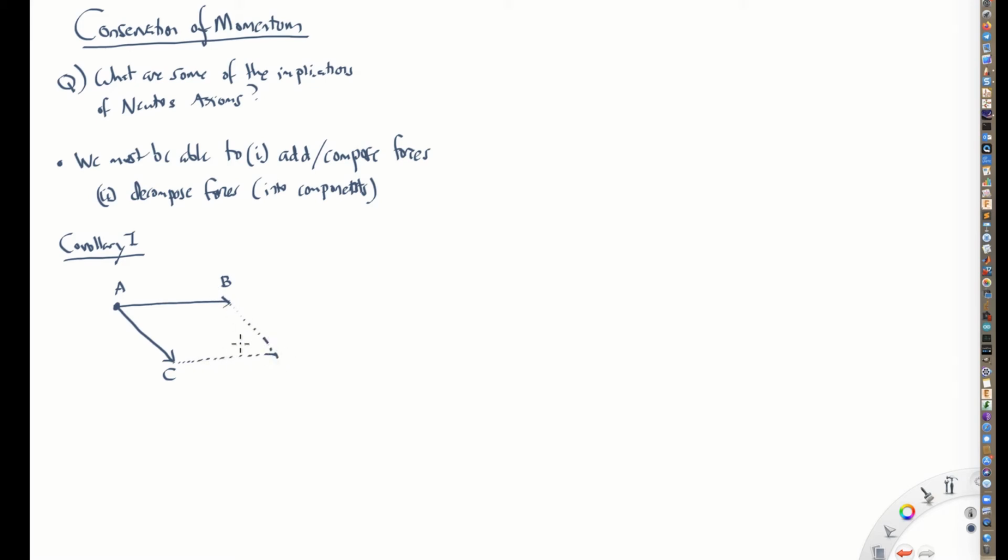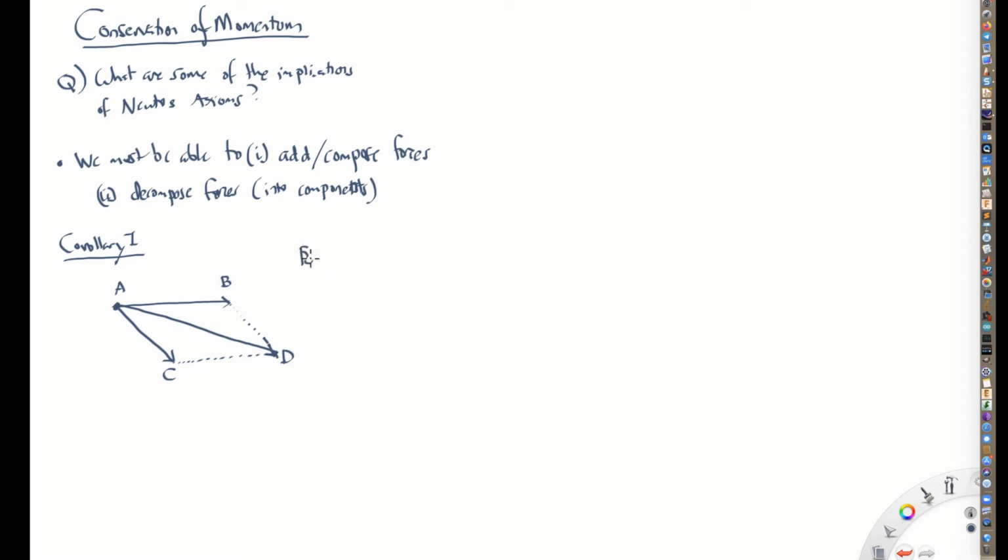Remember, a parallelogram has two pairs of parallel sides. And then draw another arrow that goes from the dot right here across the diagonal, and we'll call this force AD. And the point he's trying to make is that if you have two forces acting on an object, force AB and force AC, it's the same result as if it had a single force AD acting on it.